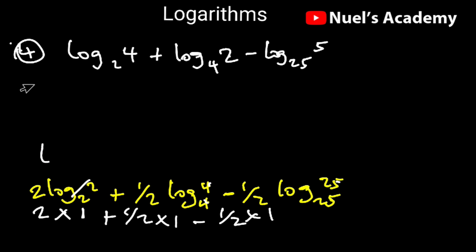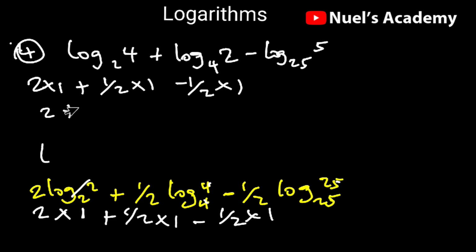So this becomes 2 times 1 plus half times 1 minus half times 1. 2 times 1 is 2 plus half times 1 is half minus half times 1 is half. And then we know that half minus half is equal to 0. So we now have 2 plus 0, which is equal to 2.